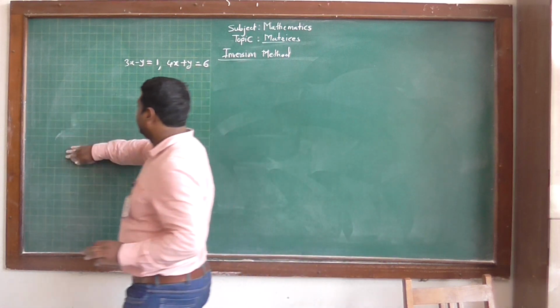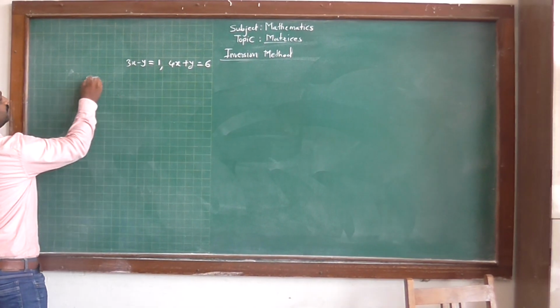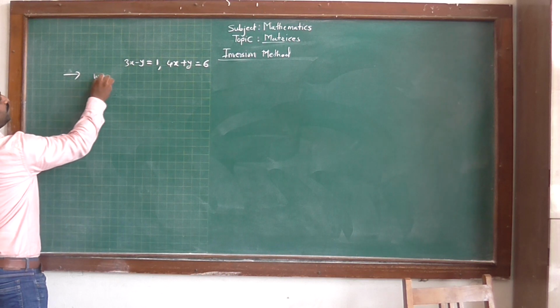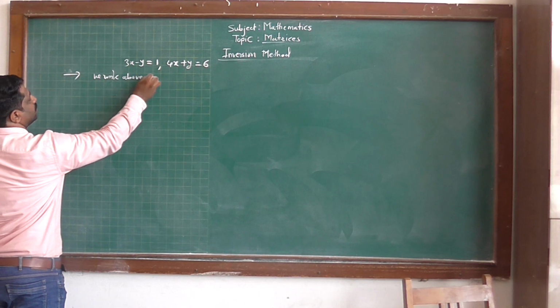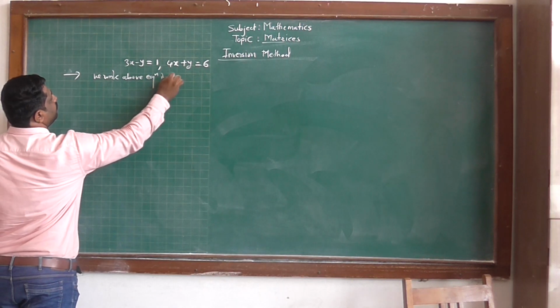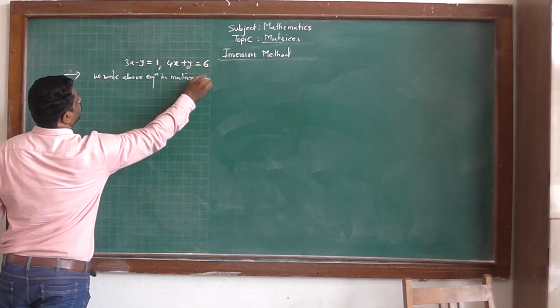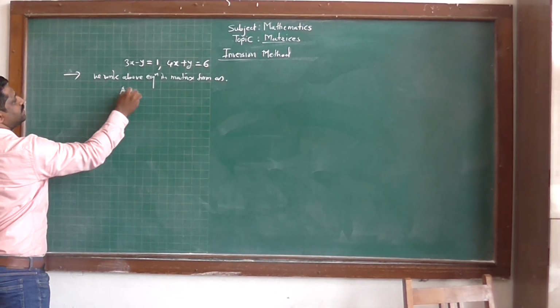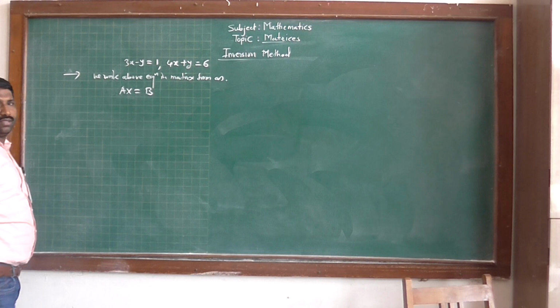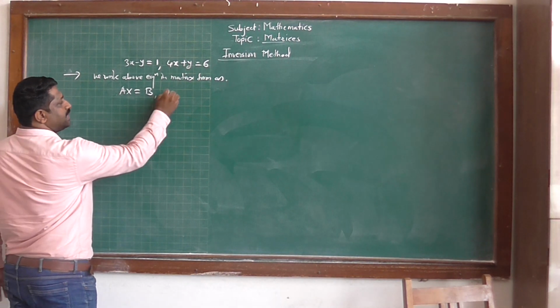Now, so the solution is, we write the above equation in matrix form as AX is equal to B, where what is A?